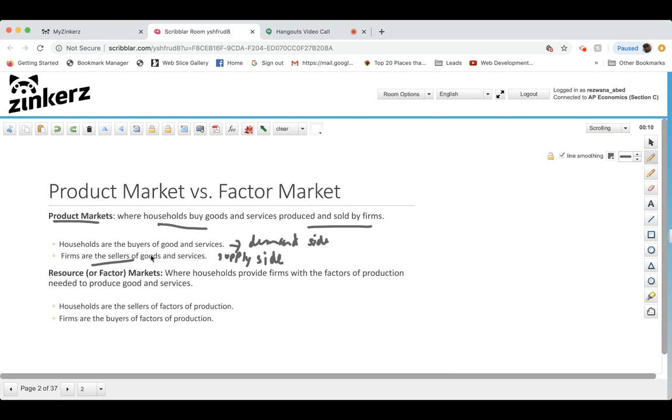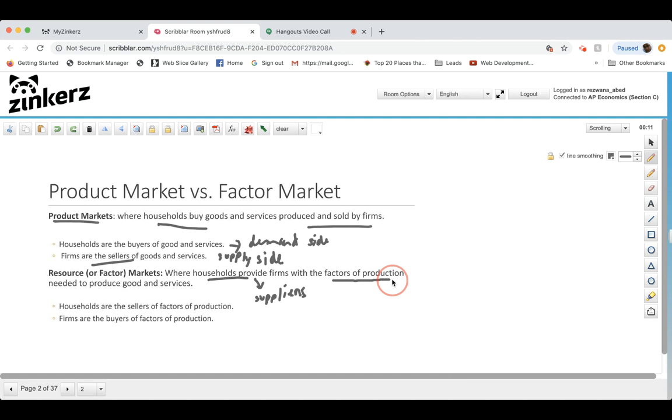Factor markets are where households are the ones that provide to firms. That right away tells you, if you provide something, you're the supplier. So in this case, households are no longer on the demand side of the market, they're on the supply side. What are they supplying?